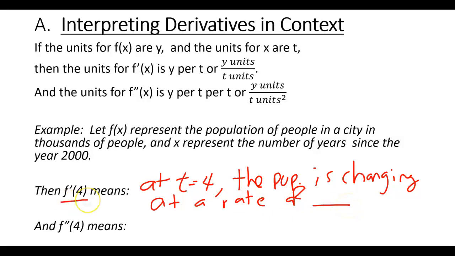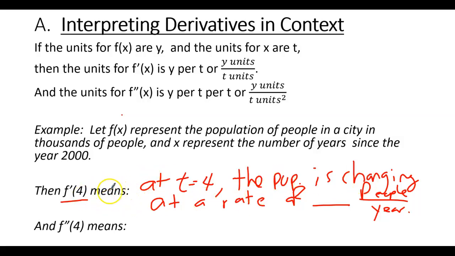It didn't say what it equals, so I don't know what the f prime of 4 is. But it says, at a rate of blank people per year. So at t equals 4 years, the population is changing at a rate of blank people per year. Now, I actually don't prefer to word it this way, but we're working with limited information, so I can't help but word it this way.